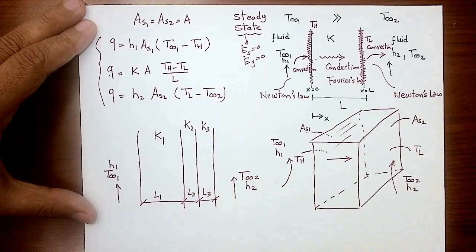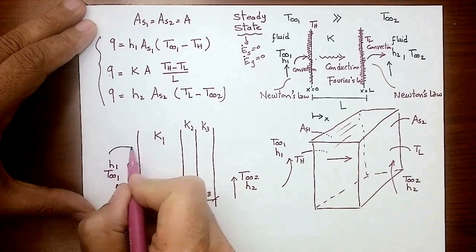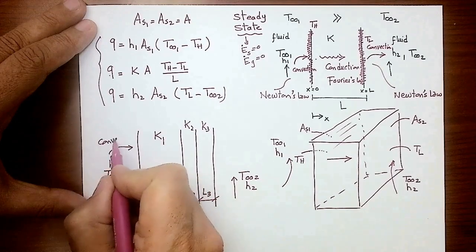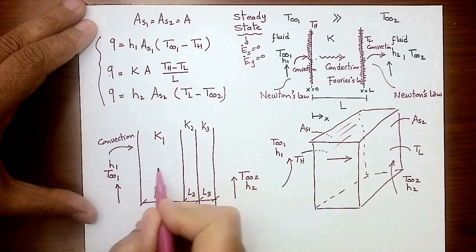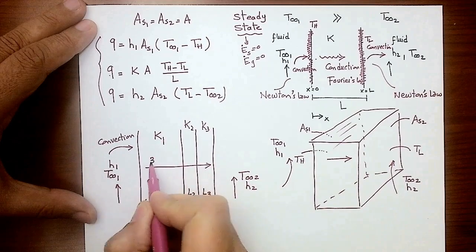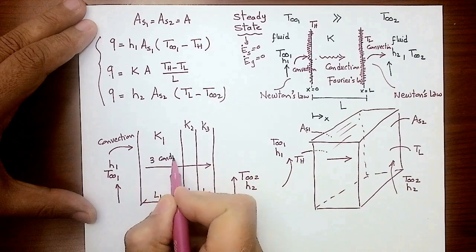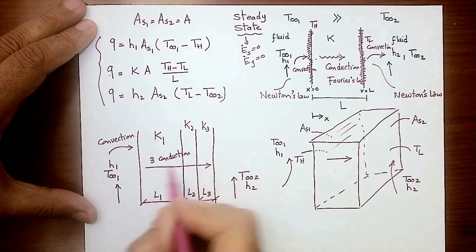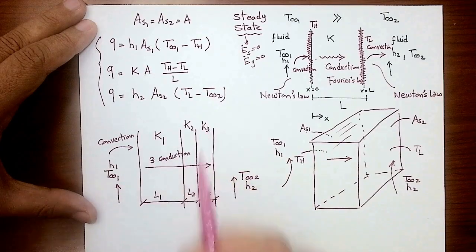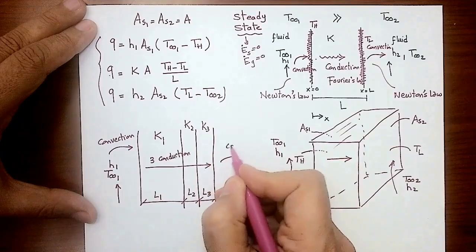Now, if you want to solve that problem, how many equations are you going to write down? I'm going to write 1 equation for convection, 3 equations for conduction, because the 3 layers have different thickness and different thermal conductivity, and another equation for convection.